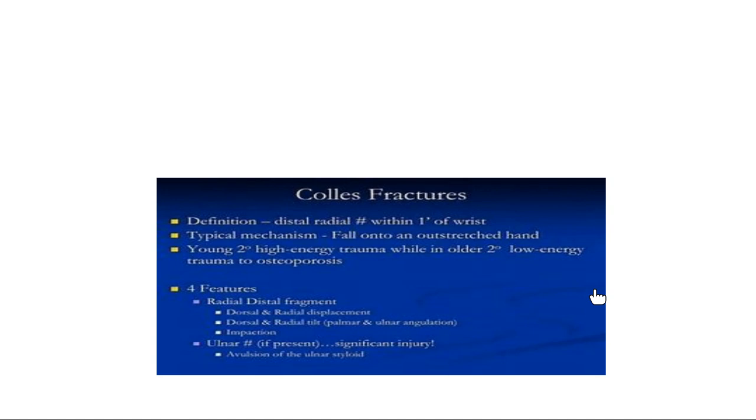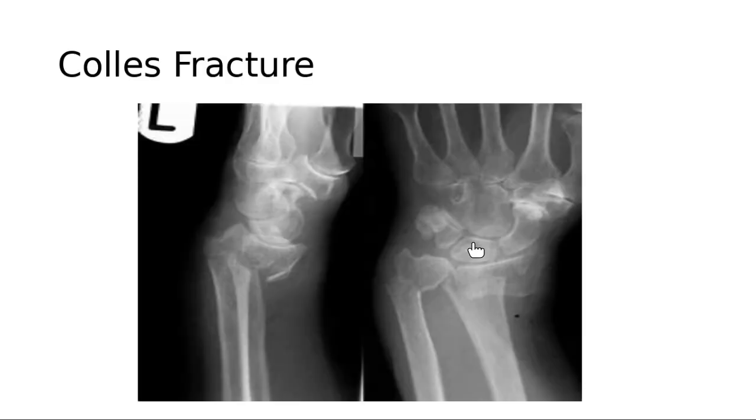You may or may not have an associated ulnar fracture. This is a dorsal displacement. So this is the back of the wrist, dorsal displacement, and it's displaced radially.